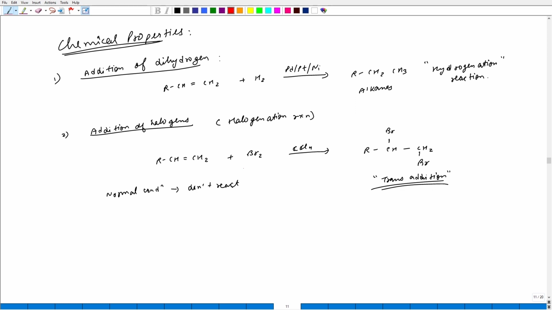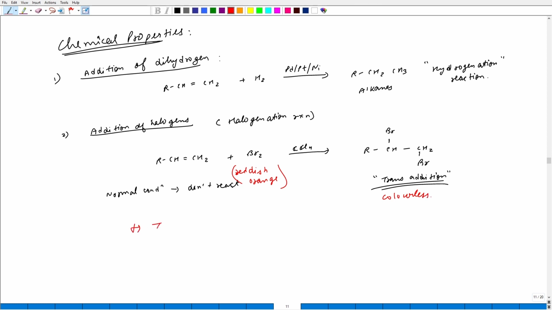This Br2 is reddish orange in color, whereas this product is colorless.